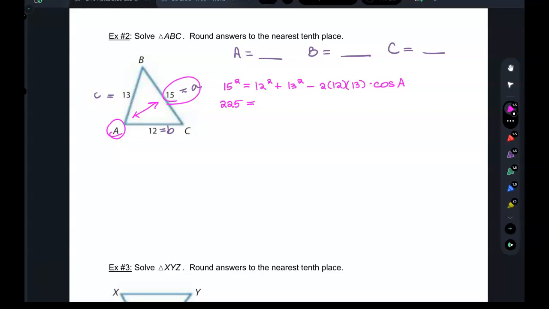You can add them together at the same time. What's 144 plus 169? 313. And what's 2 times 12 times 13?